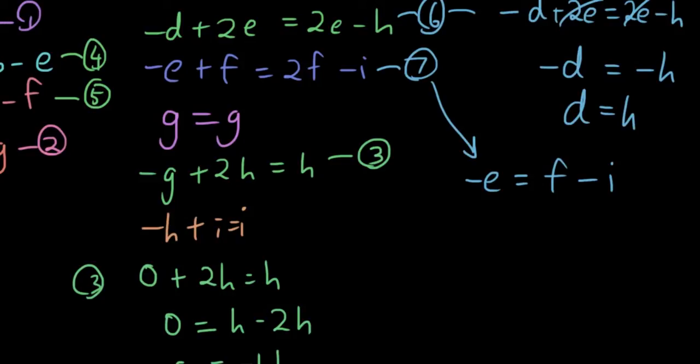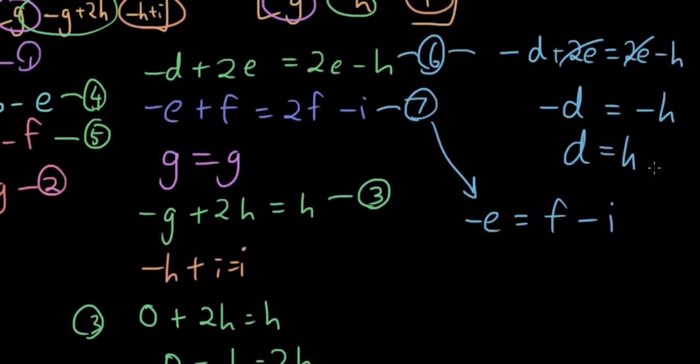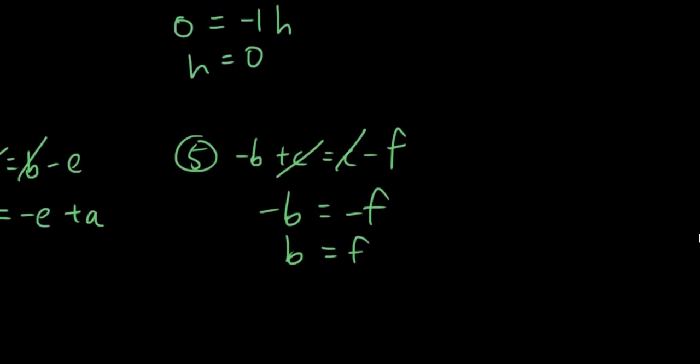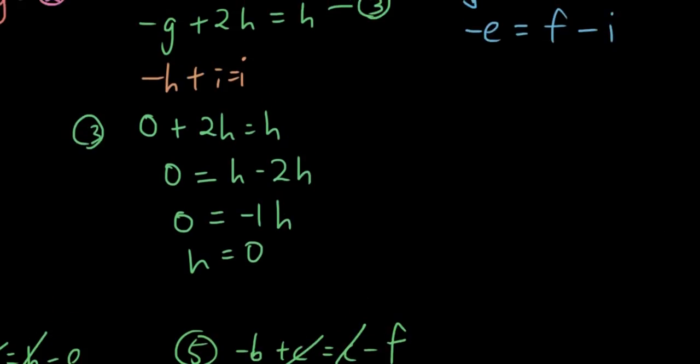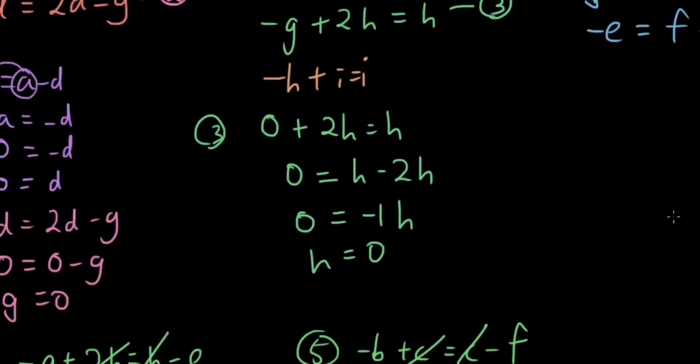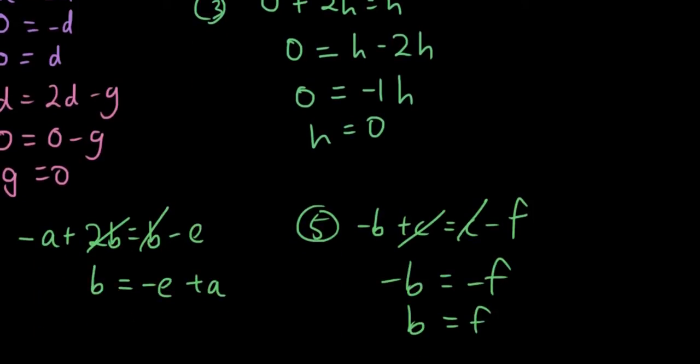So what have we found? Well, we found that d equals h. Since h equals 0, d is 0 as well. So we found d. And then we have found b is equal to f.